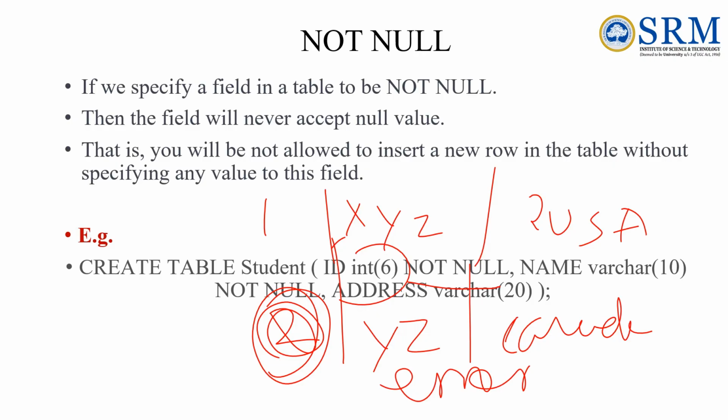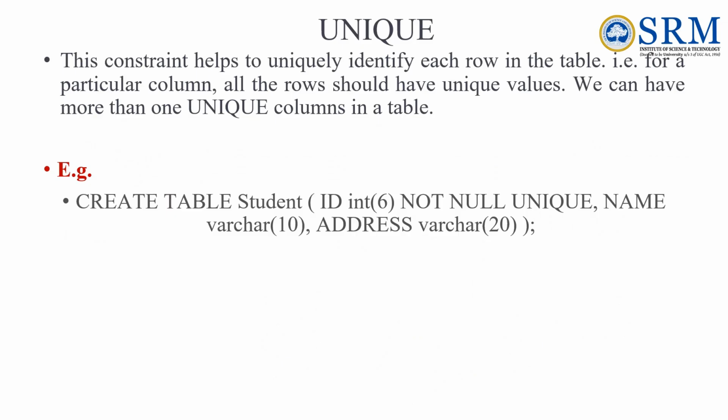Coming to the next slide, UNIQUE. The unique key ensures that all the values in the column are different. For example, if you take a student table, the ID will be unique. Suppose a registration number is there, all registration numbers won't be the same. They will be different: 1, 2, 3 or 001, 002.